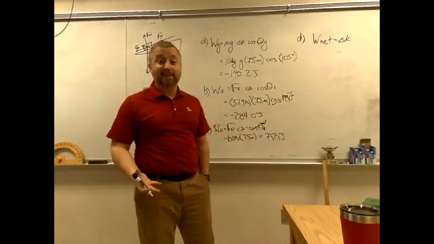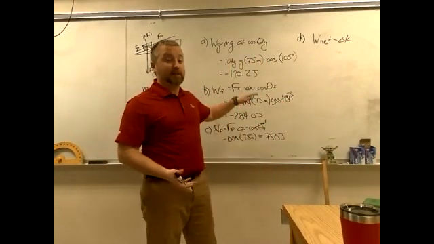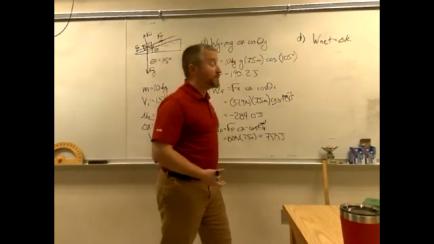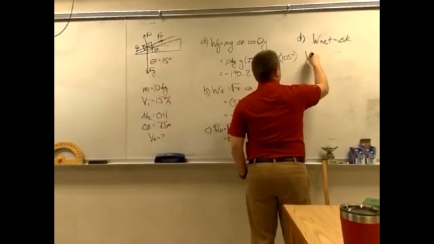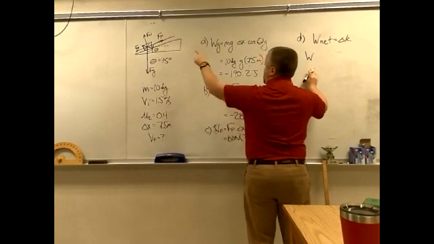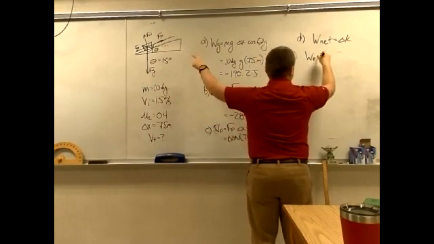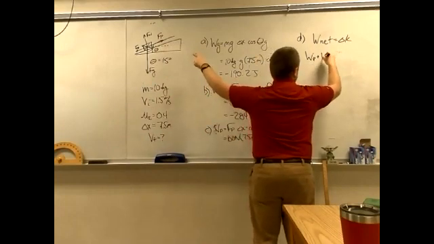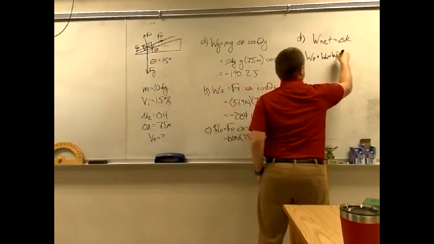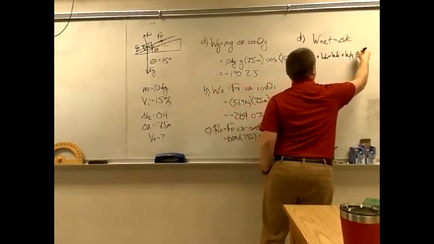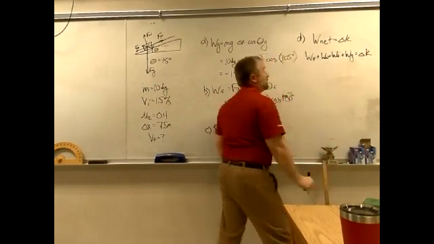So that's just another way of asking for what is the work net. Since we have all of the individual works, this is simply going to be equal to all of the works added up. If I look at my force diagram, I have work of pull plus work of normal plus work of friction plus work of gravity is equal to the change in kinetic energy.